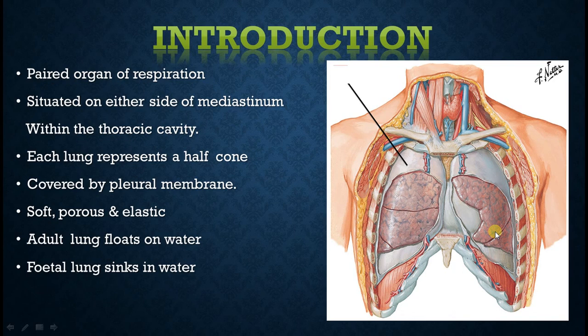Because it is completely filled with air, it floats on water. Not only that, when you take a radiograph, an X-ray of the chest, the lungs are black because the X-rays pass through it. It is radiolucent, transparent to the X-rays. That is why it appears black.